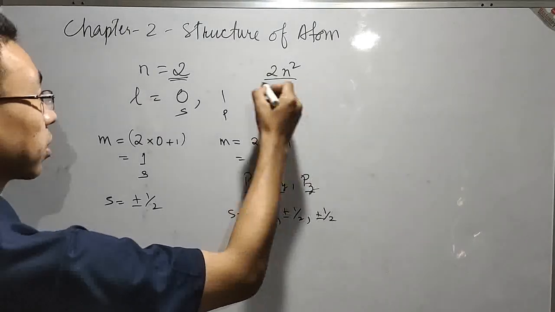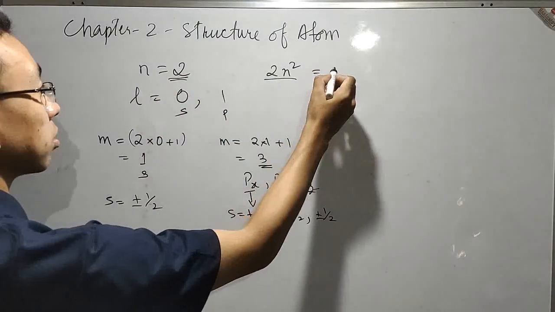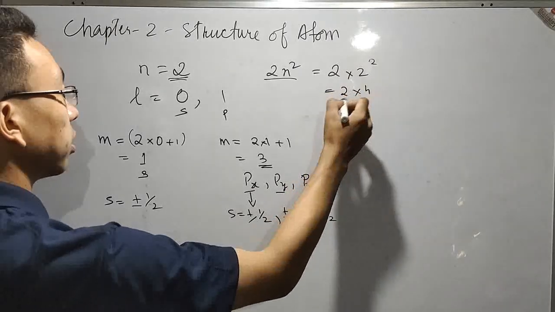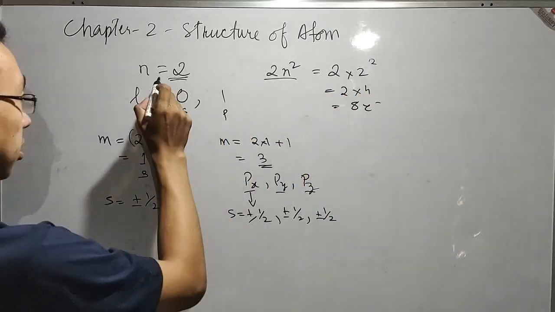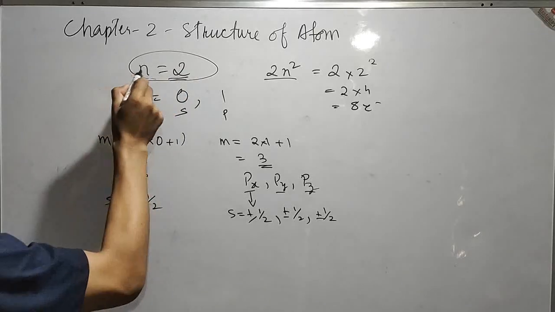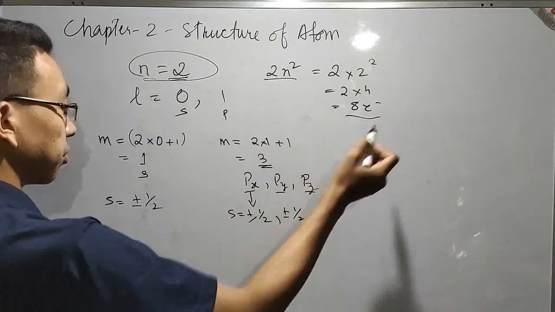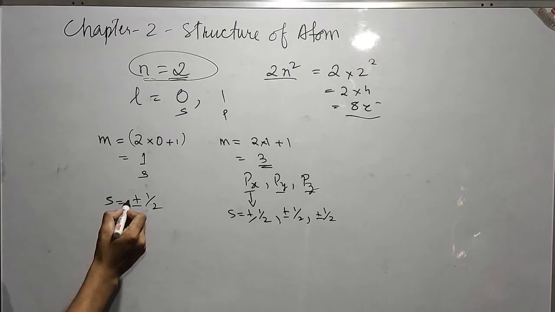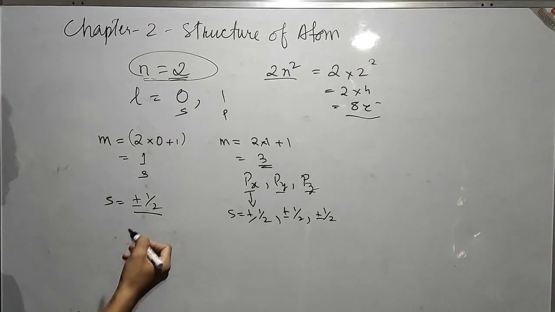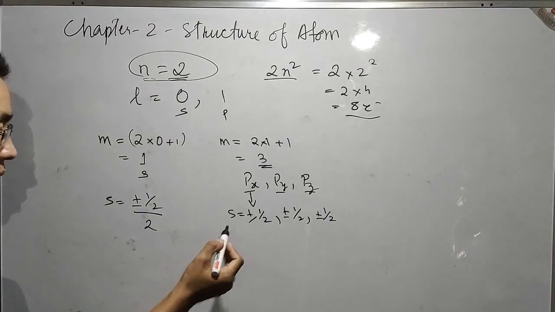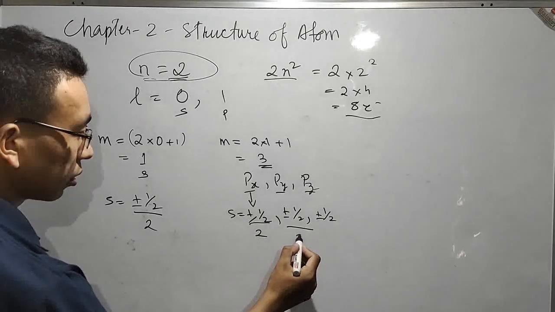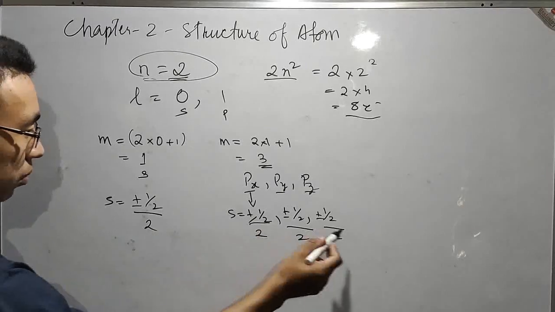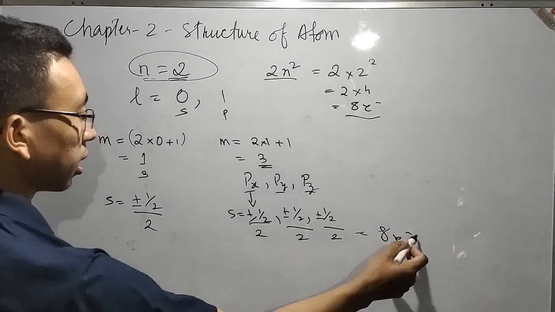So here n is 2, so 2 into 2 square equals 2 into 4 equals 8 electrons. According to the formula, in the second shell a total of 8 electrons should be there. Let us see whether it is satisfied. Here 2 electrons, one is plus half, another minus half, here also 2, here 2, and here 2. So a total of 2 plus 2 plus 2 plus 2 equals 8 electrons.